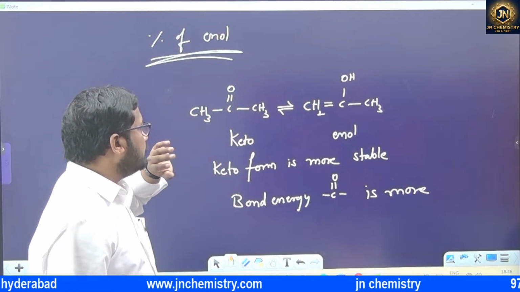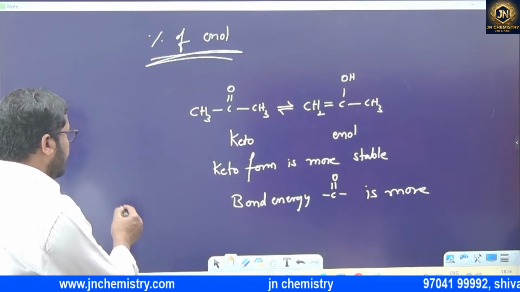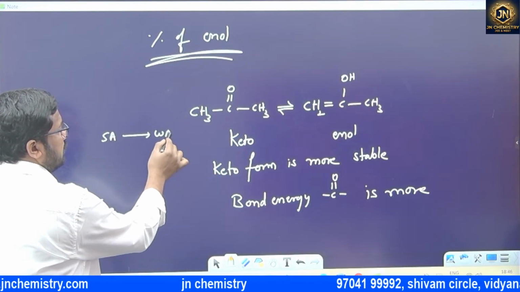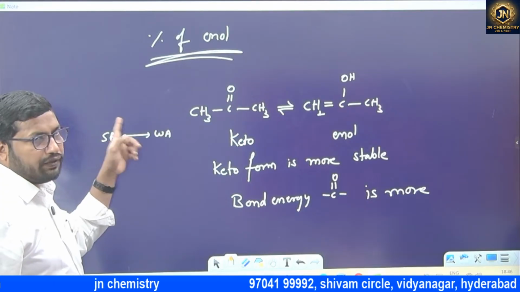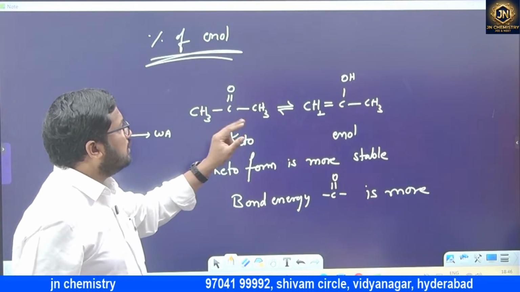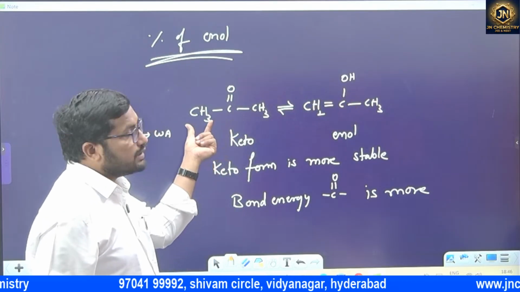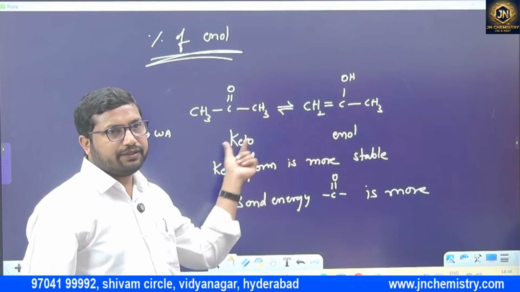Generally in acid-base reactions, reactions move from strong acid to weak acid, but weak to strong is not possible, right? Imagine the acidic nature is somewhat strong here and weak there. Weak to strong, is it possible?